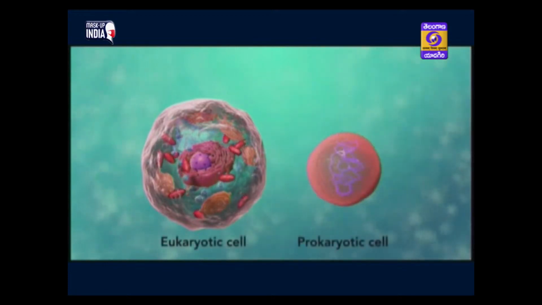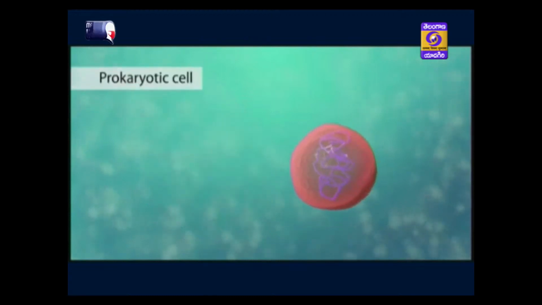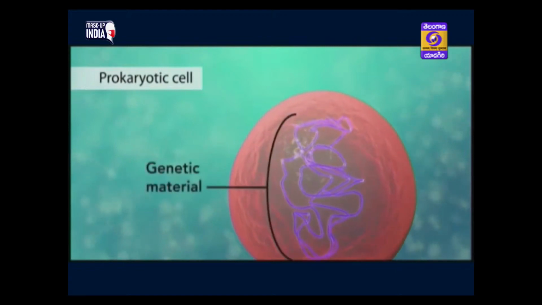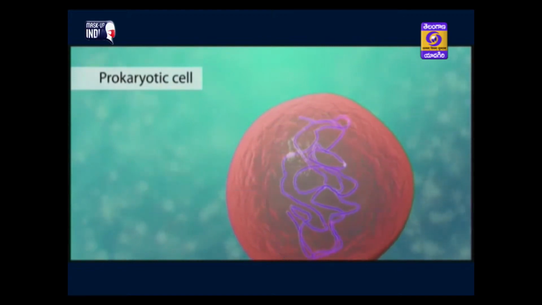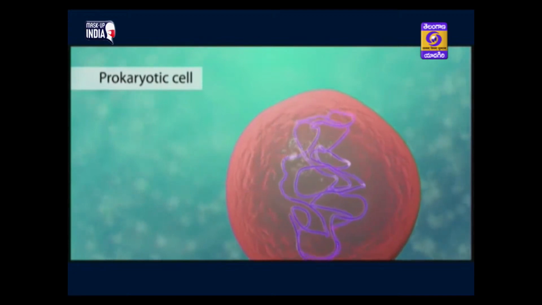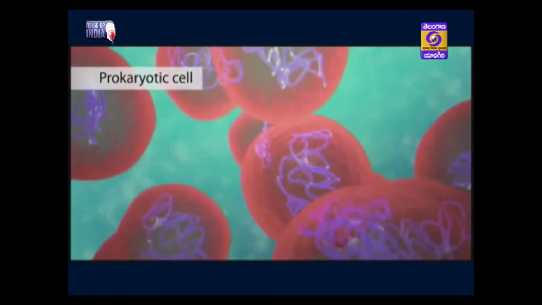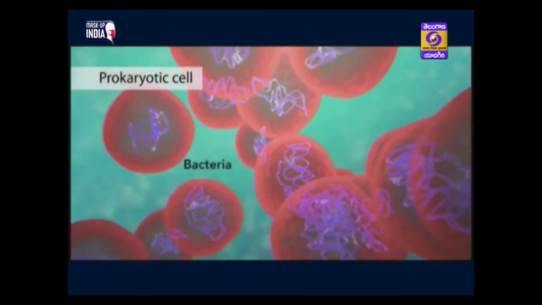Prokaryotic cell. In prokaryotic cell, nucleus is not bound by the nuclear membrane. Genetic material is free in the cytoplasm. These type of cells are seen in bacteria.